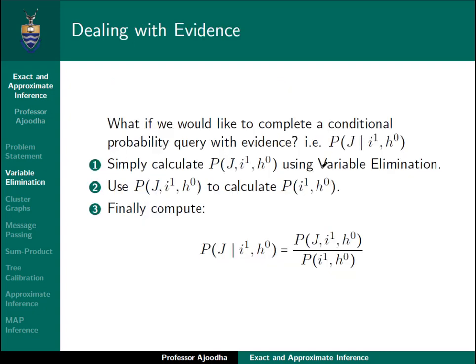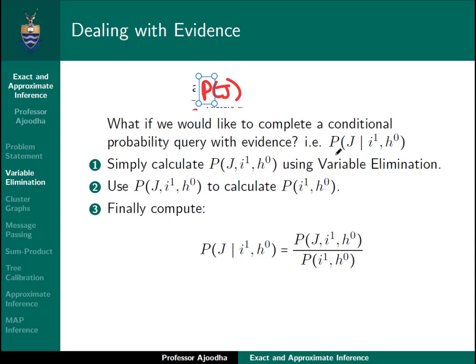Right, so how do we deal with evidence? Well, in this variable elimination procedure, it's not really such a big deal, right? Before we just calculated the probability of J, but we could also just add more variables in there, and then just calculate the evidence like we did on that second slide of this lecture.